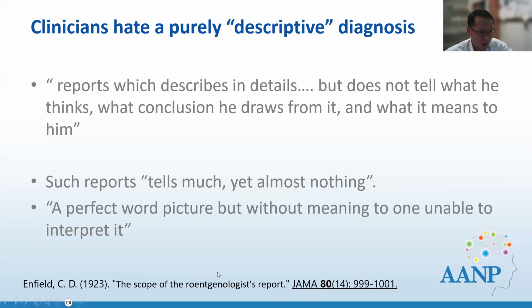That was about radiology reports, but I think it can apply to pathology as well. A purely descriptive report is one that describes the findings in detail, but does not tell you what he thinks, what conclusions he draws from it, and what it means to him. So basically, these reports tell much, yet almost nothing. It's a perfect word picture, but without meaning to one unable to interpret it.